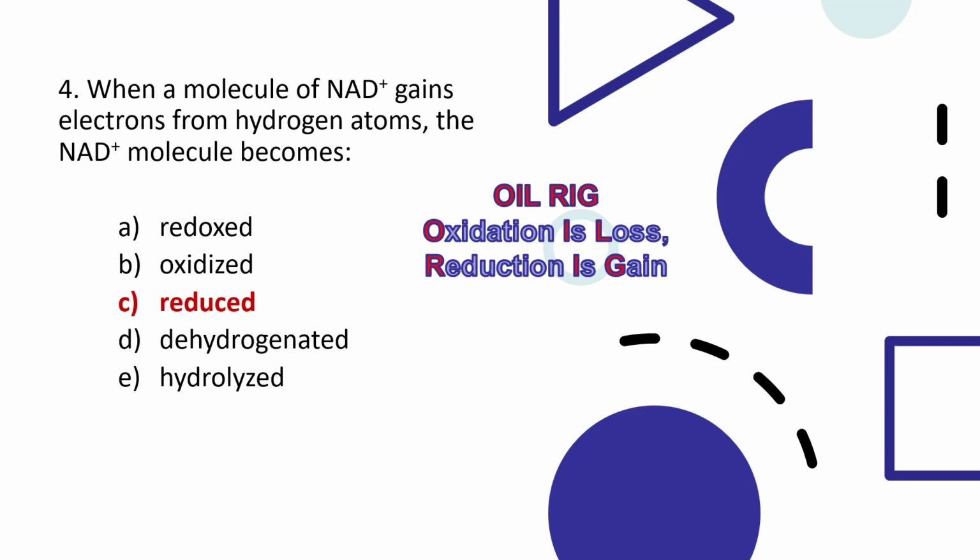If you have bad grades added onto your total grade, yeah, you're getting more grades, but those grades are not good, so they're going to reduce your total score. It's the same thing here with NAD+. When NAD+ gains electrons, we call it reduction because those electrons are negatively charged, so the total charge on the molecule goes down.